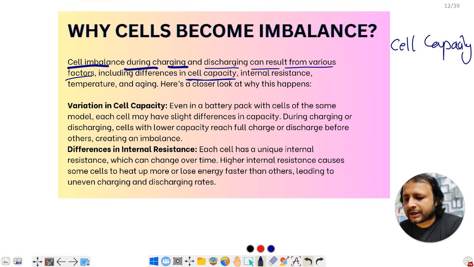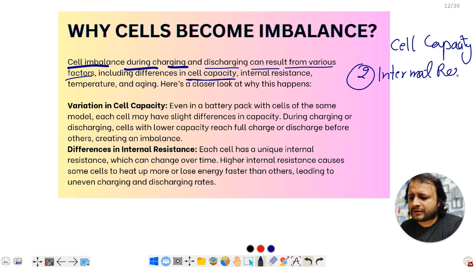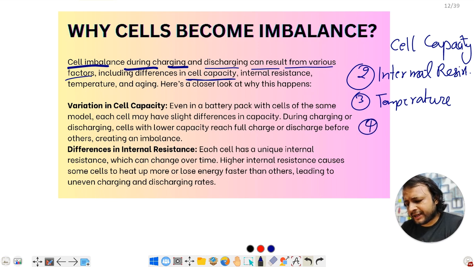Okay, cell capacity. And the second one is what? Internal resistance. Very nice. Write down internal resistance here. And the third one is what? Temperature. And the fourth one is what? Aging, means time.